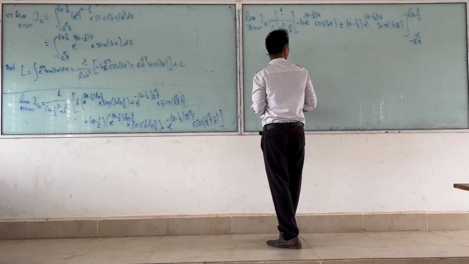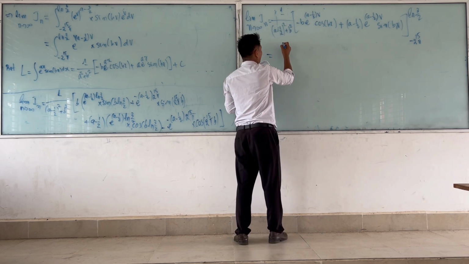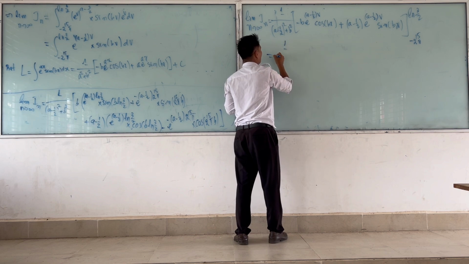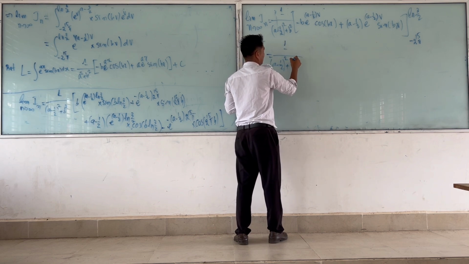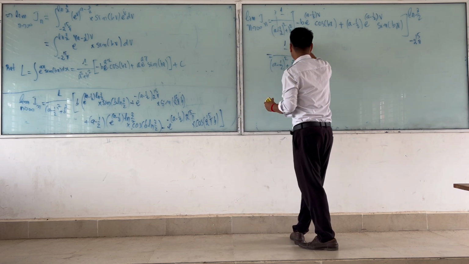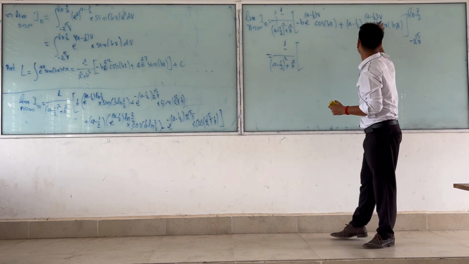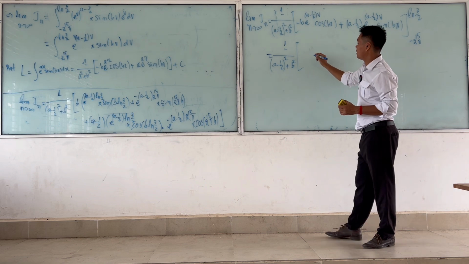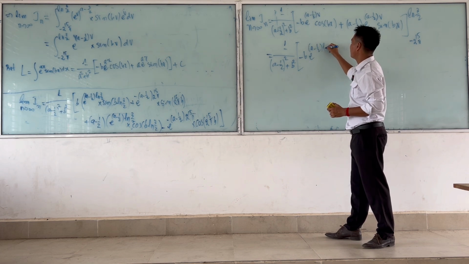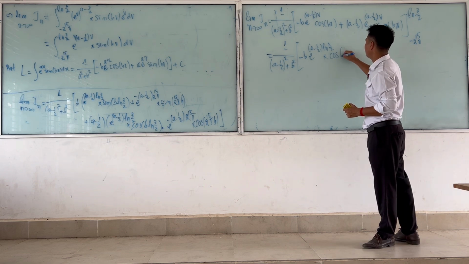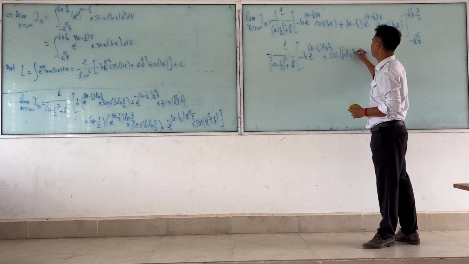So we get 1 over (a minus 1 over 2) squared plus b squared, and you replace v by natural log 3 over 2, you get negative b e to the power (a minus 1 over 2) natural log of 3 over 2 multiplied by cosine b natural log 3 over 2.